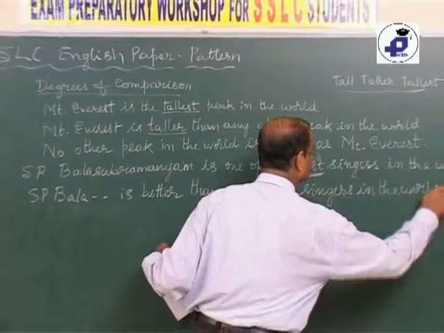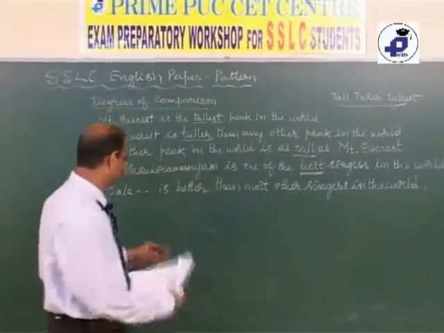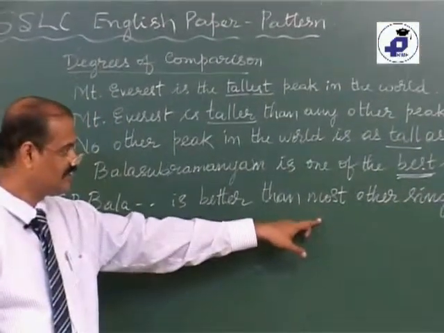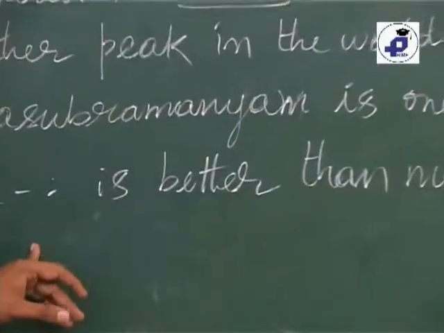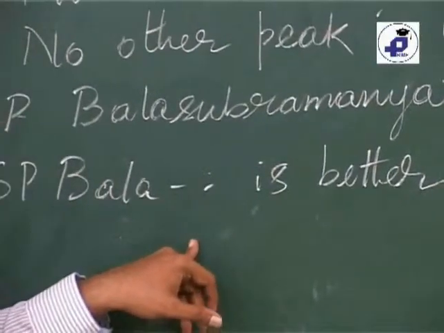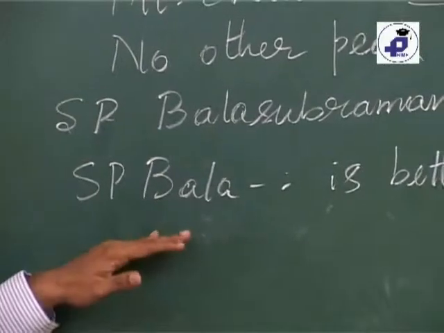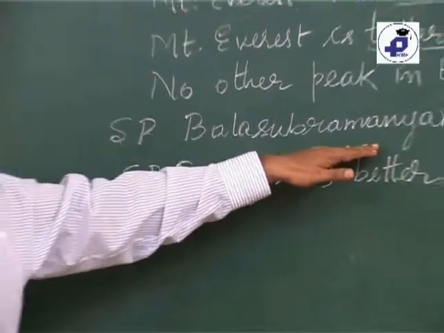S.P. Balasubramaniam is better than most other singers in the world. That means there are other singers also. So the sentence says that there are other best singers. So he is one of the best singers in the world.